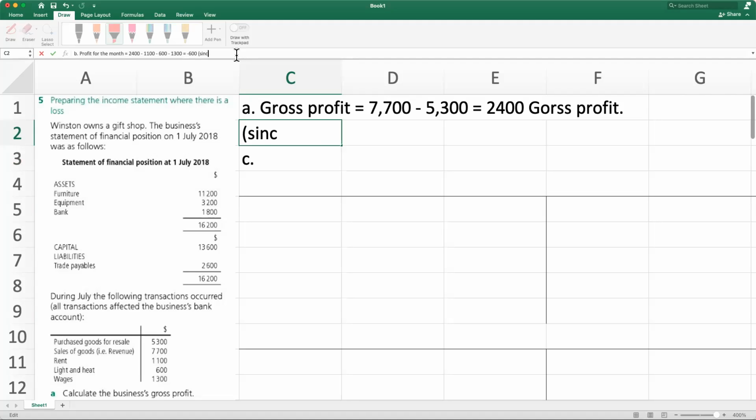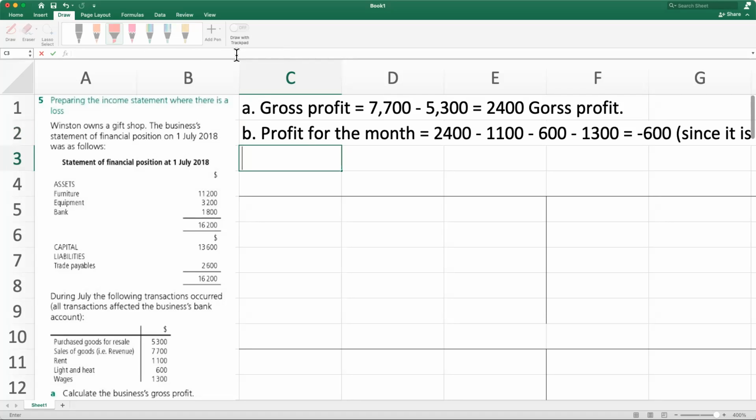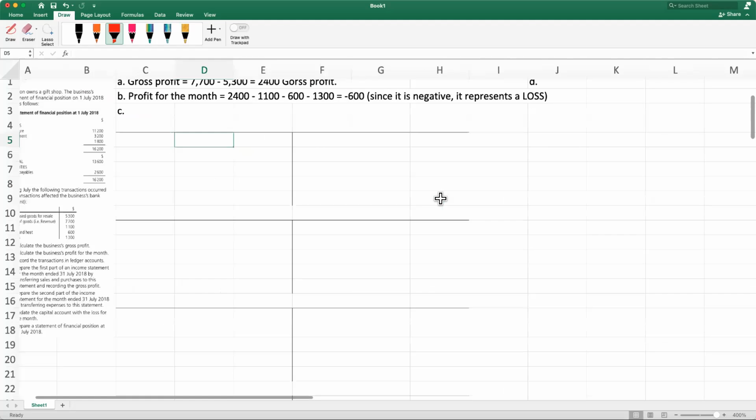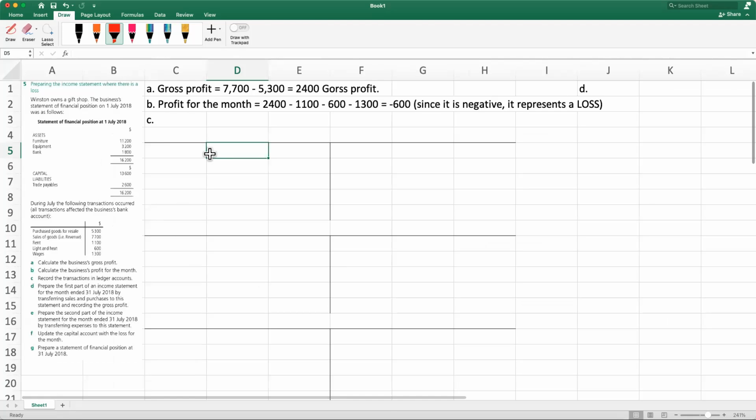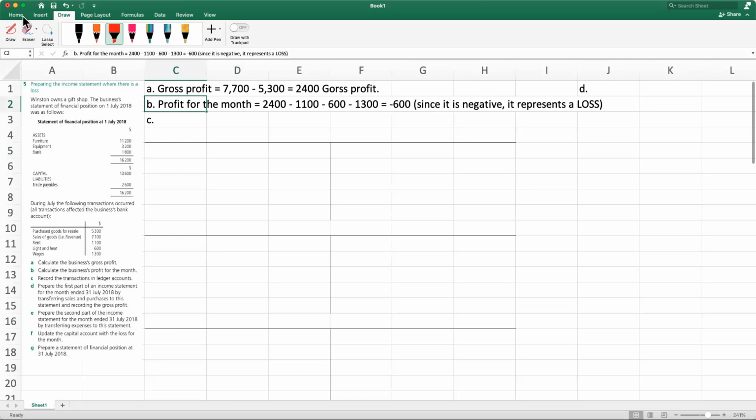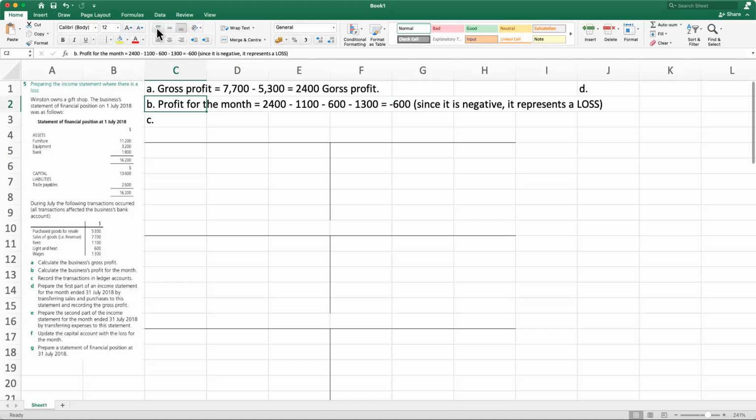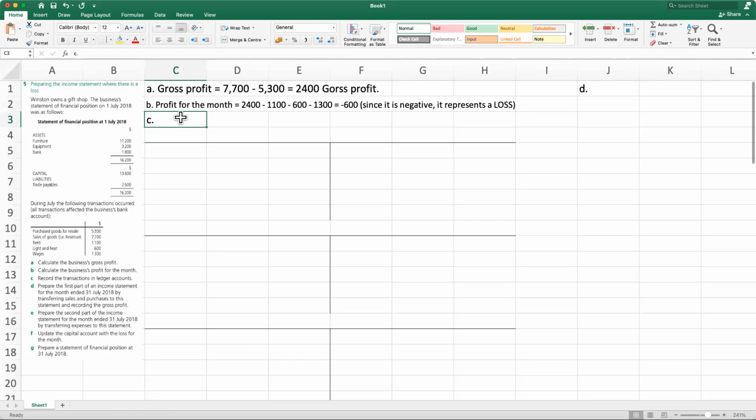Since it's negative, it represents a loss. Negative profit means a loss. All right. So this one we'll only use later on in our income statement as well as statement of financial position.